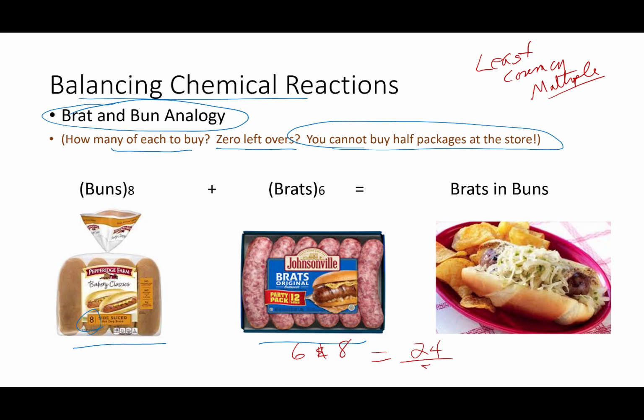So 24 divided by 8 is 3. So if I buy 3 packages of buns, and 24 divided by 6, if I buy 4 packages of brats, 6 times 4 is 24 brats, and 3 times 8 is 24 buns, I will end up with 24 brats and buns.